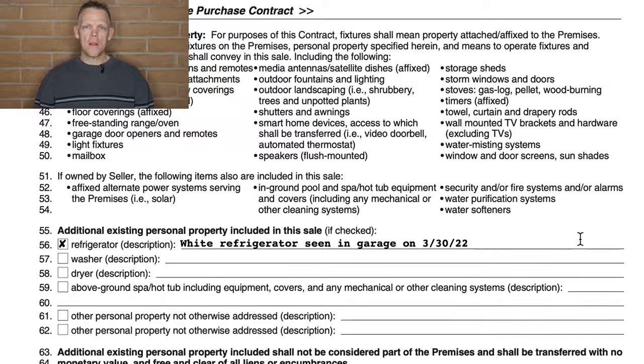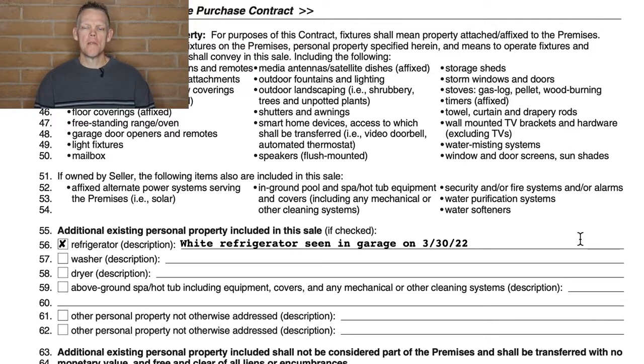And it was determined that the actual mounting bracket for the television was to stay because it was attached. However, the actual TV that you could just pull off the mount was not included in the sale of the property. So that's how it kind of got defined.